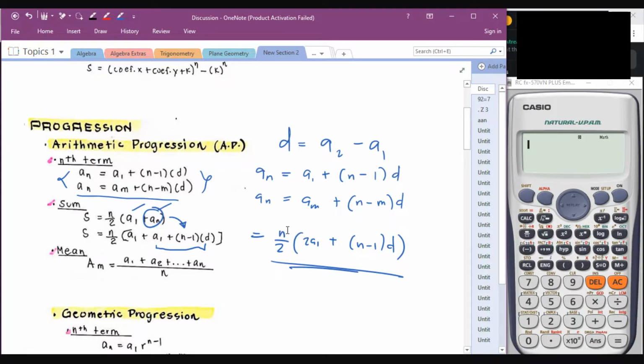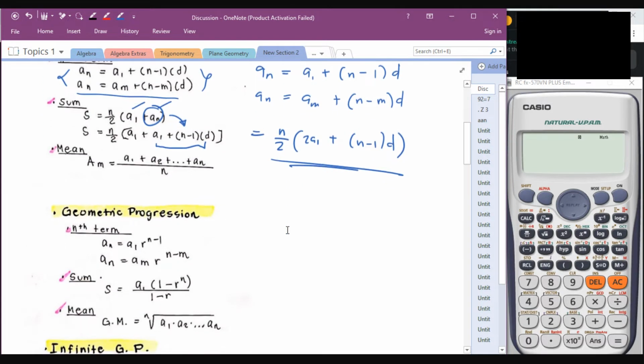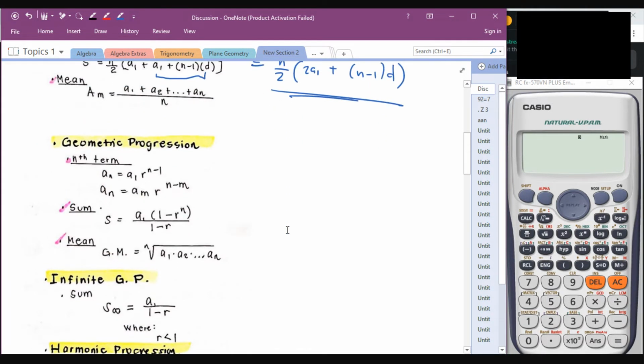Okay? Uniform yung common difference. Dito naman sa geometric progression, exponential yung kanyang paglaki. Okay? Exponential in a manner that is rational. Ano ibig sabihin rational? Within a ratio, of the common ratio nung succeeding term to the previous term.